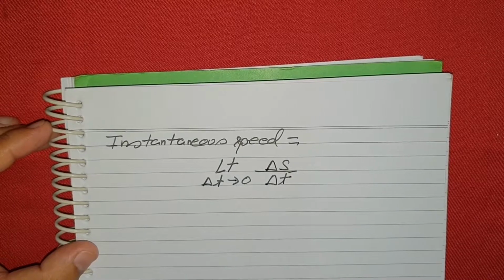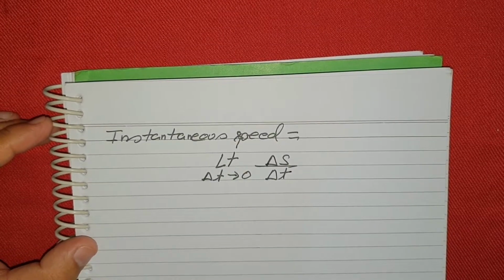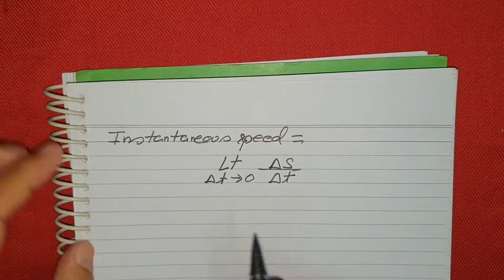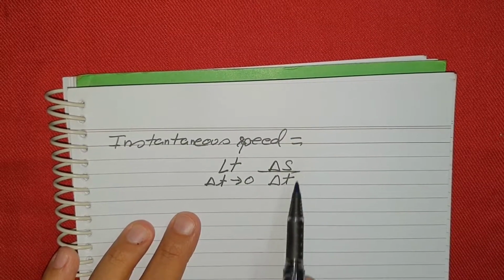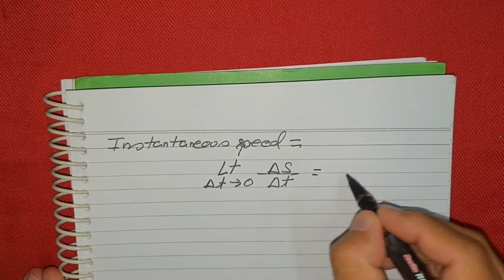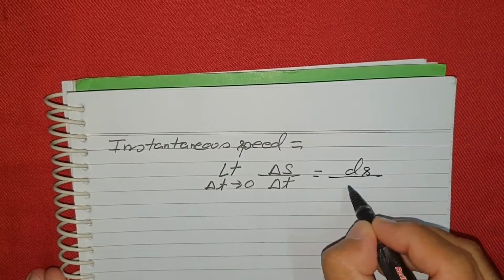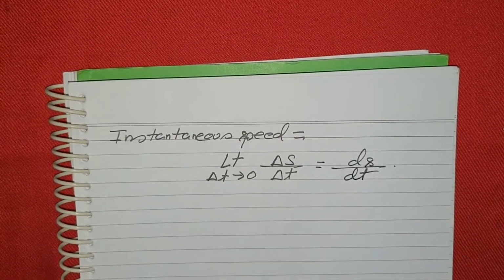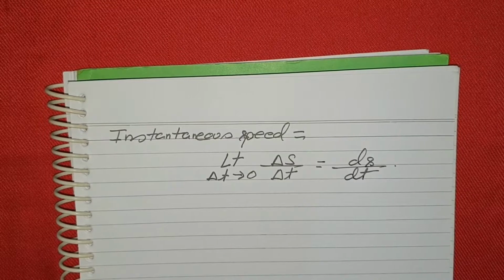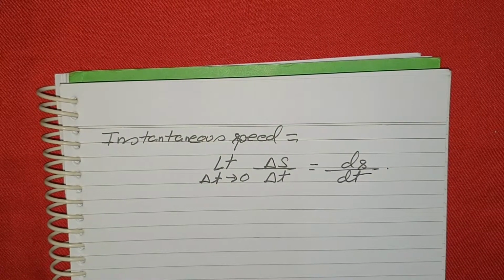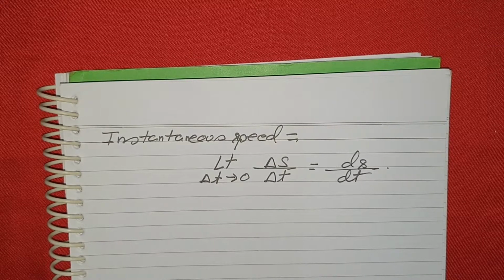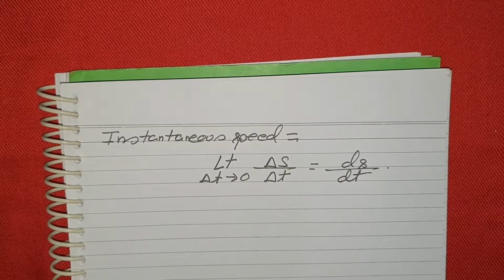Because the time interval is very small, you can write this as ds by dt, which is the differential coefficient of s with respect to t, or the first derivative of distance with respect to time, as we say in calculus.